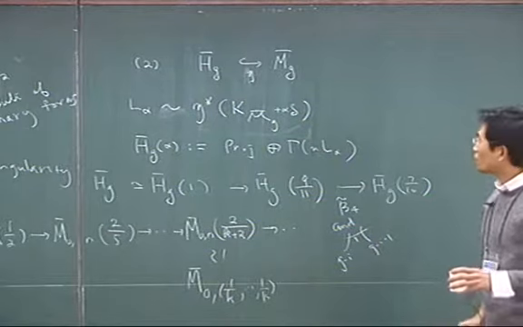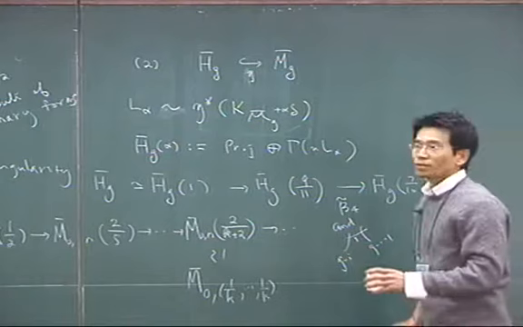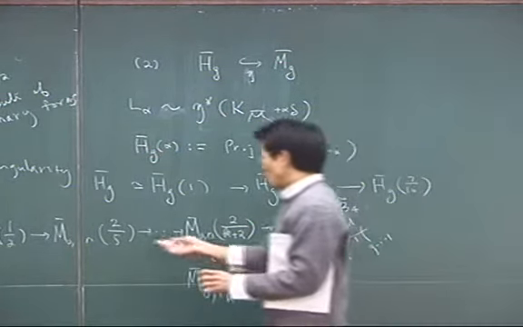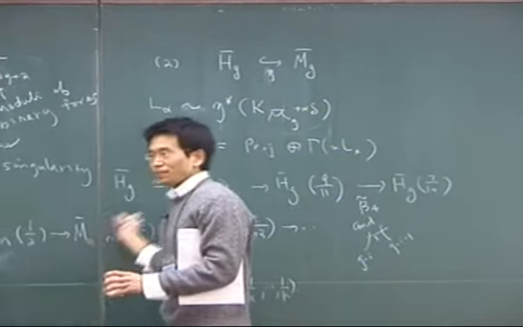Is L alpha the same as K_M0n plus alpha? No, it's very different. It's totally different. As you can see, your critical values are very different.